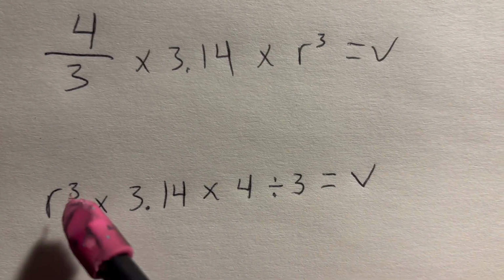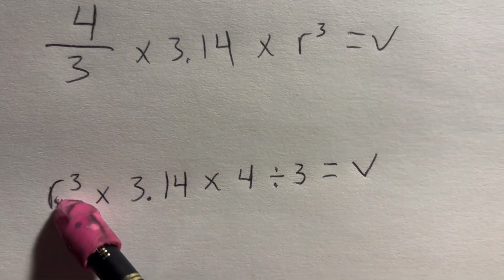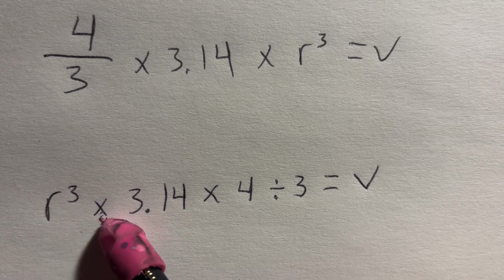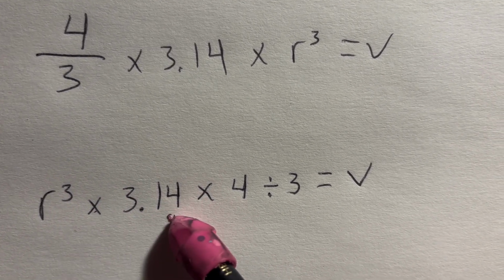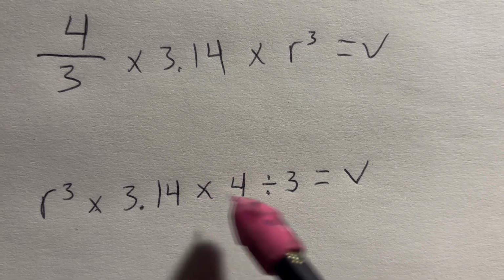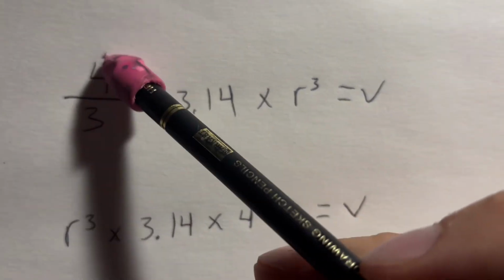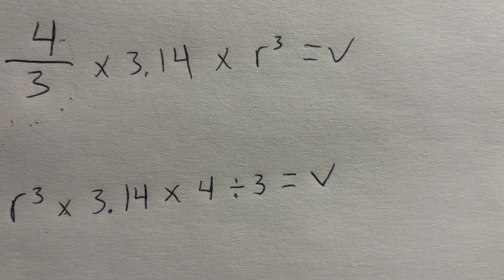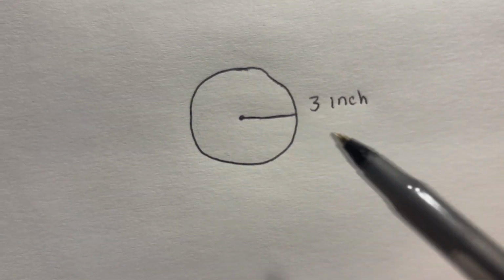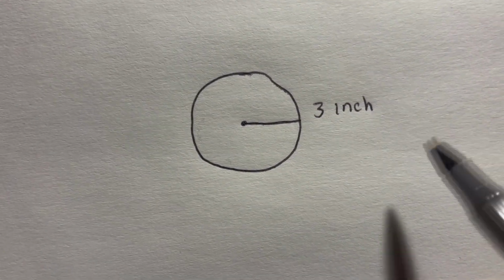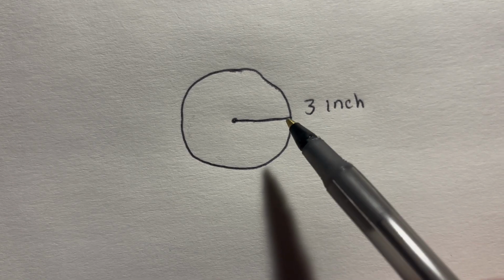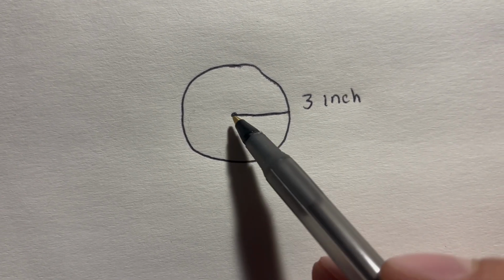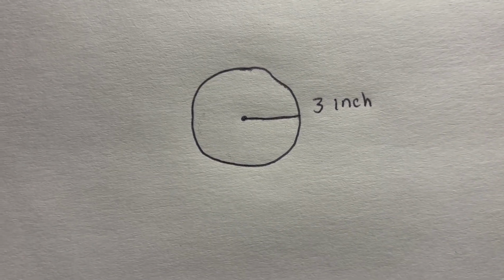So the radius cubed times pi, 3.14, times 4 divided by 3, which is this factor right here, equals your volume. This was a sphere in 3 dimensions, and you got a radius of 3 inches from the perimeter all the way to the center.